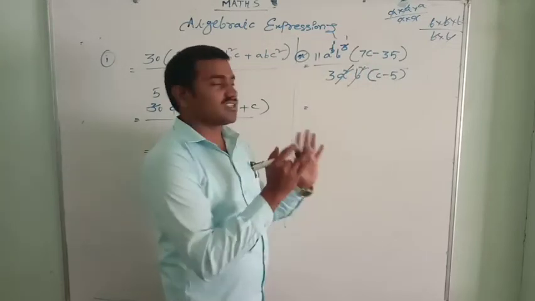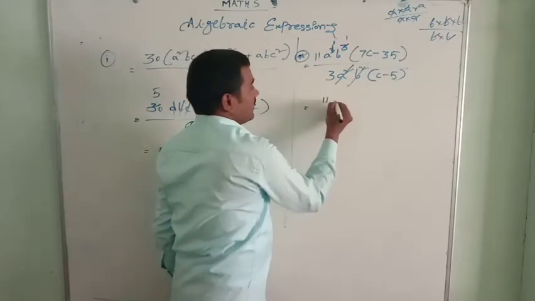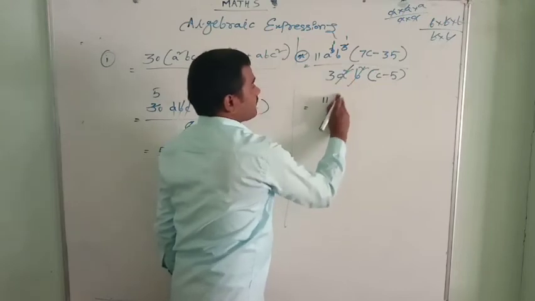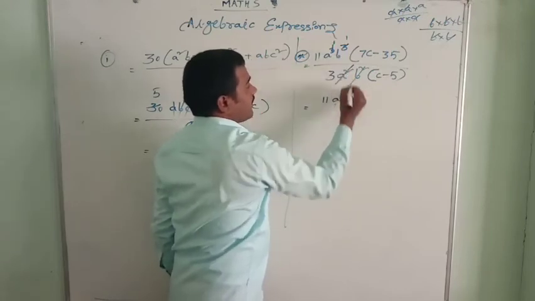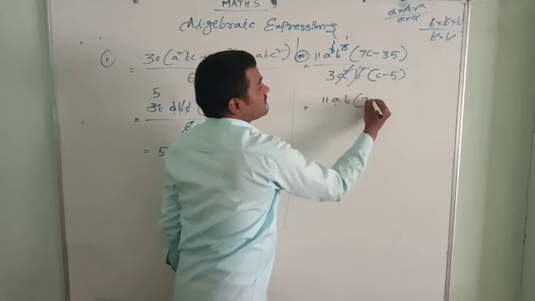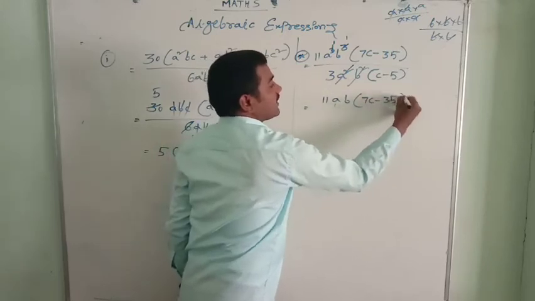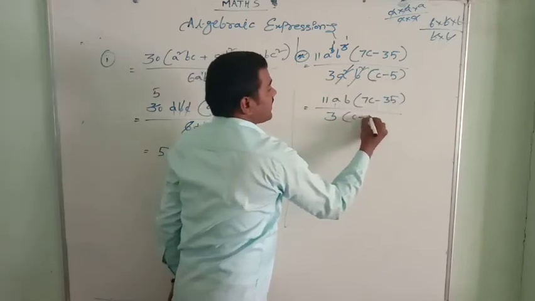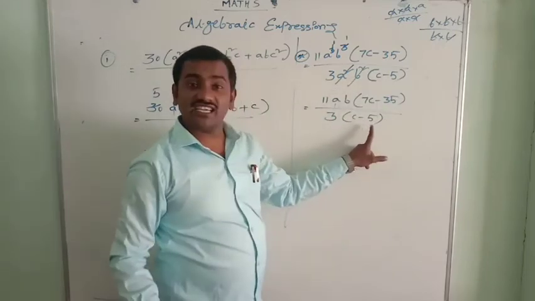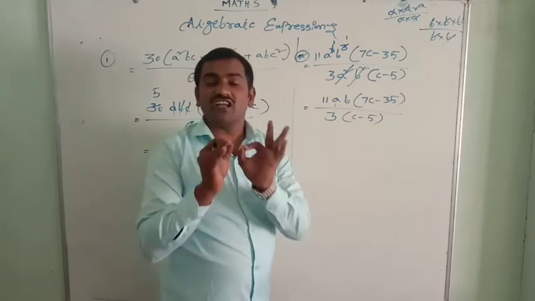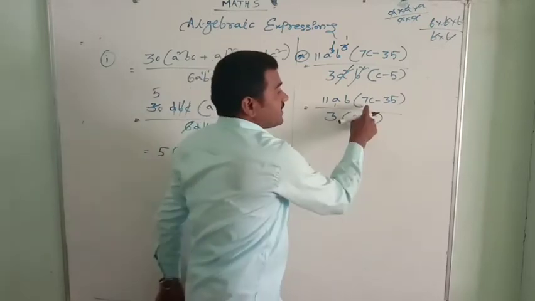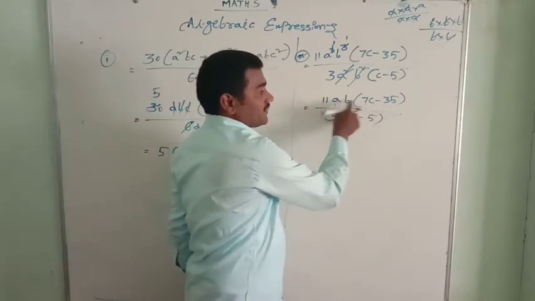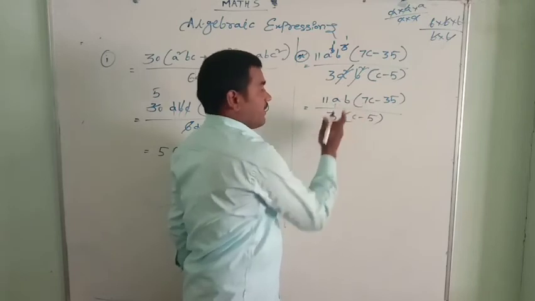So the remaining terms let us write here: 11ab, and 7c minus 35 divided by 3 times c minus 5. When you see c minus 5 here, we can confirm that if you take 7 out as a common factor, what happens?